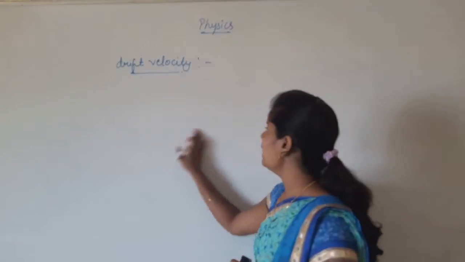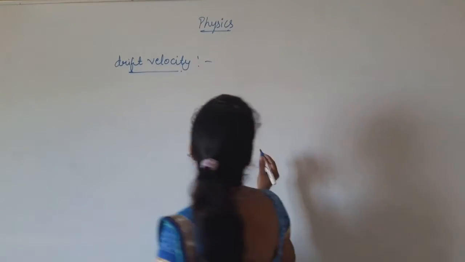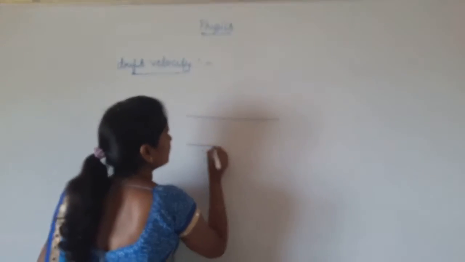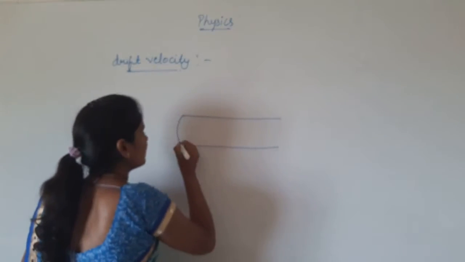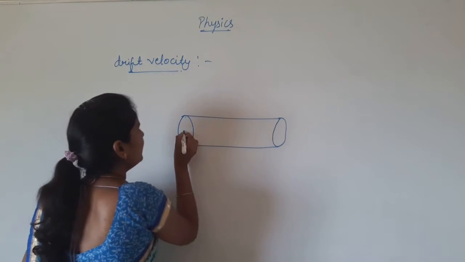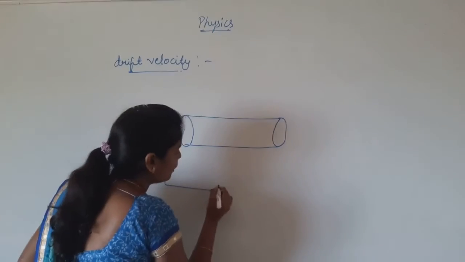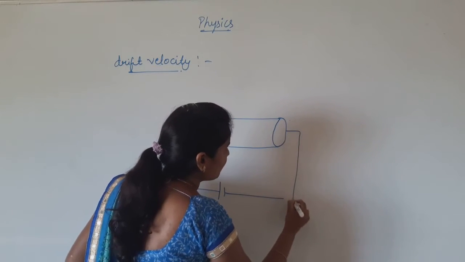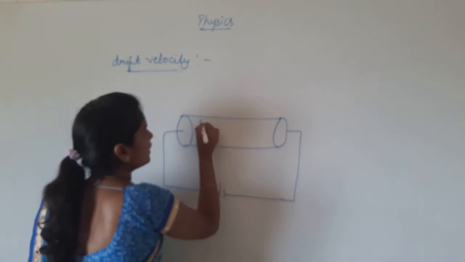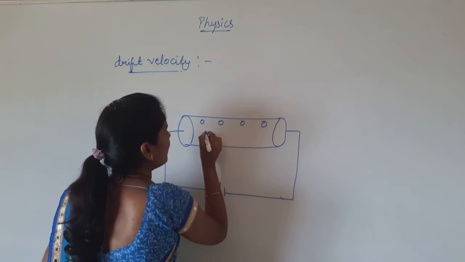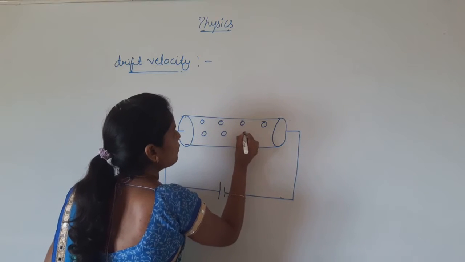For example, let us consider a conductor, and its two ends are connected to a battery to apply a potential difference. In this, the free electrons get drifted opposite to the electric field.